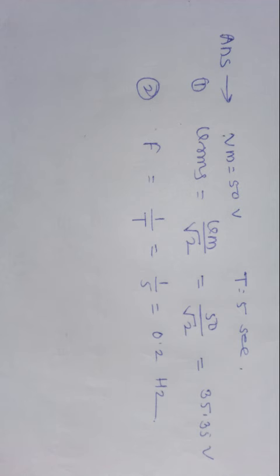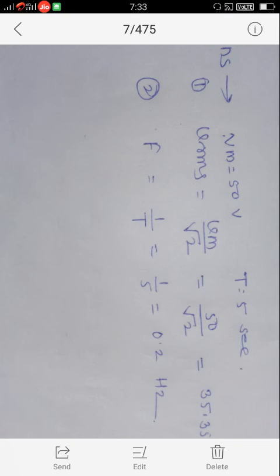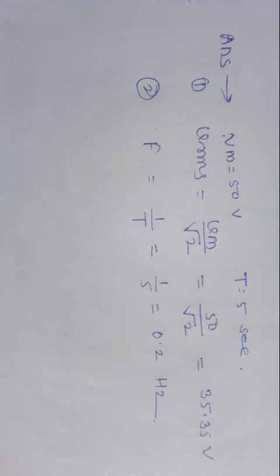Now F is equal to 1 upon T, that is 1 upon 5, and the answer comes 0.2 Hertz. Now see, the formulas are very simple, we only have to put the values and do the calculation.